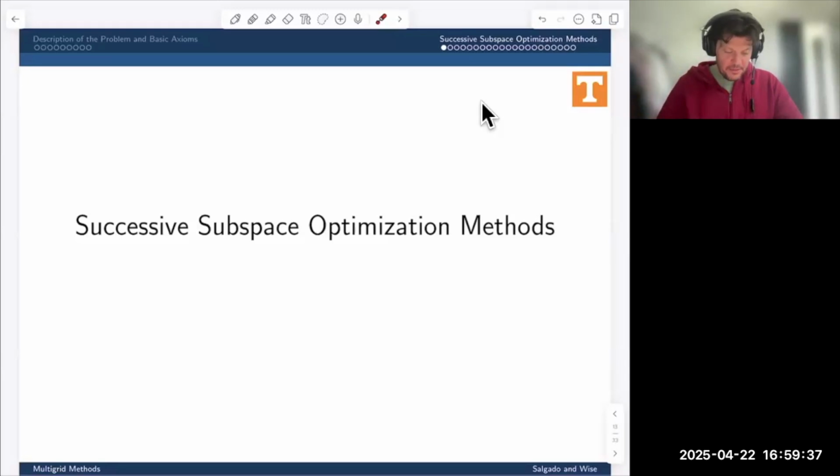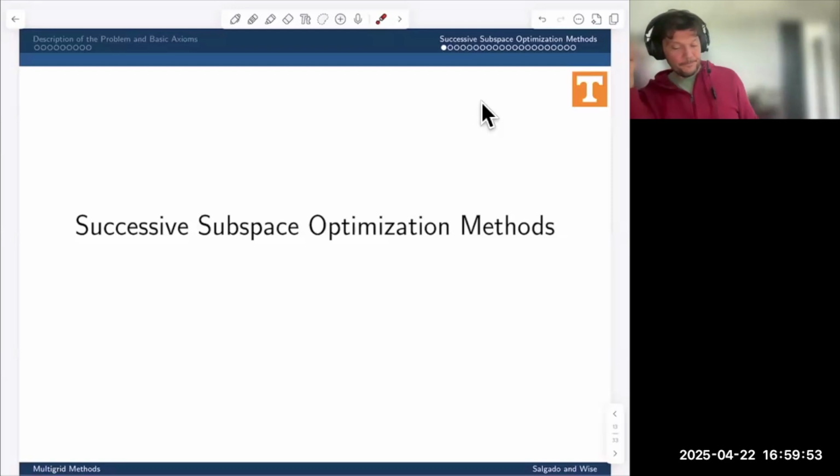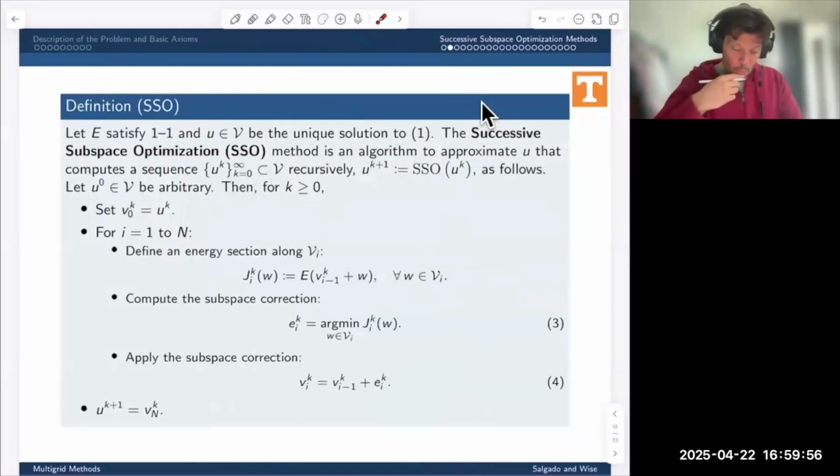The next topic is the successive subspace optimization methods, which are going to be the first method that we look at that gives us a contraction rate that is better than the one we get from the gradient descent method. What is the successive subspace optimization method?